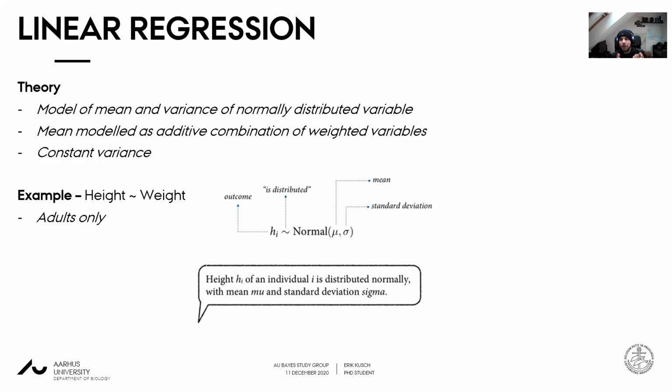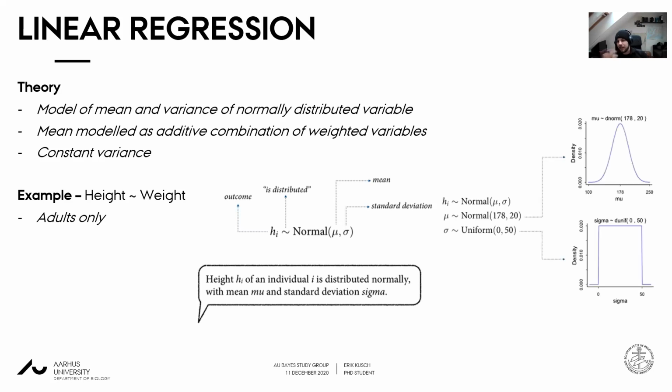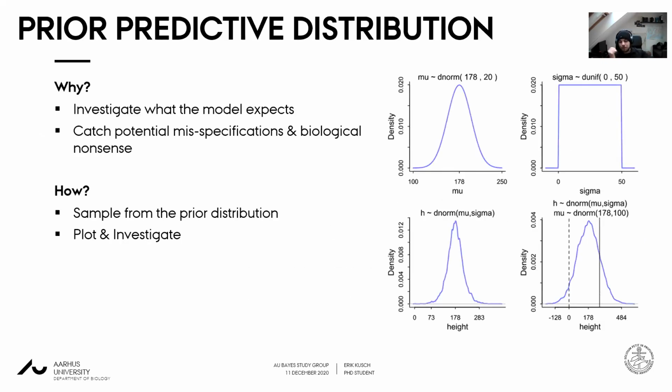Here we get the model specification saying that the outcome, our height, is normally distributed around a mean with a standard deviation. We then feed that some priors just to understand the height distribution. The important thing here is that we have not added any data yet, but already our model is making some very poignant assumptions about what the height distribution in nature is like.